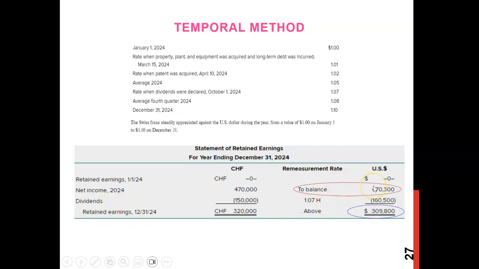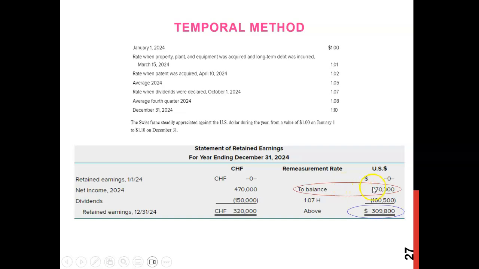Net income here is again a composite number. So just think of it, this is small algebra, right? So our ending retained earnings should be 309,800. How do we get ending retained earnings? We have beginning retained earnings, then we add net income, then we subtract dividend. Beginning retained earnings is 0.